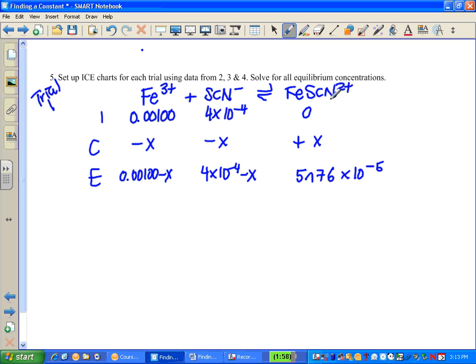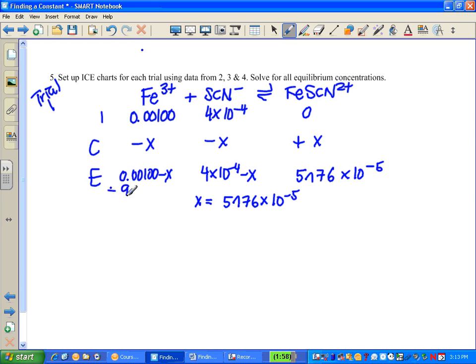The concentration of iron thiocyanate ion at equilibrium is 5.176 times 10 to the negative 5, which is really what our value of x is, because 0 plus x equals 5.176 times 10 to the negative 5. So we know that x is equal to 5.176 times 10 to the negative 5. Therefore, we've got the concentrations of the iron and the thiocyanate at equilibrium.